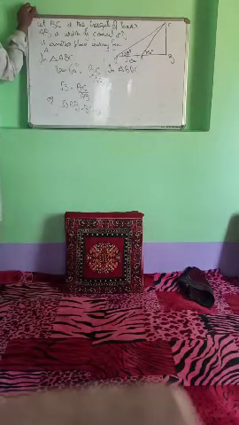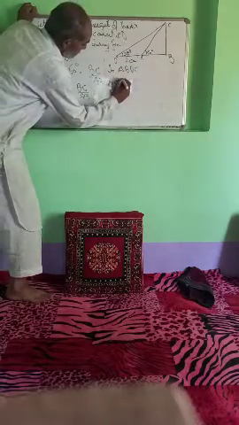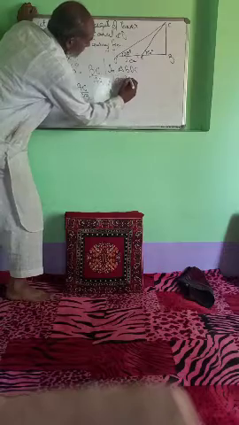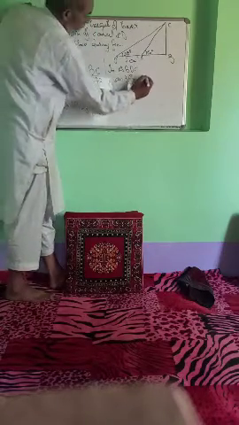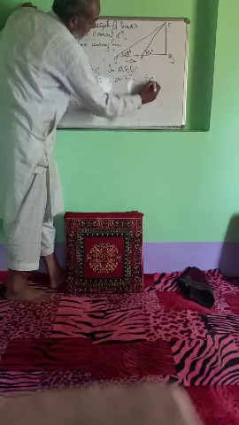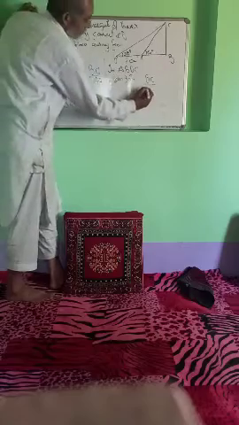So once again we will use the tan ratio. Tan of 30 degrees is equal to BC divided by BD.